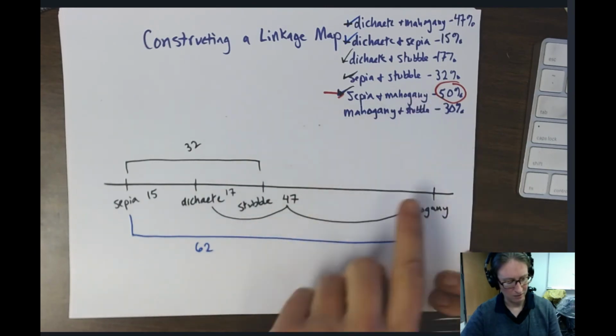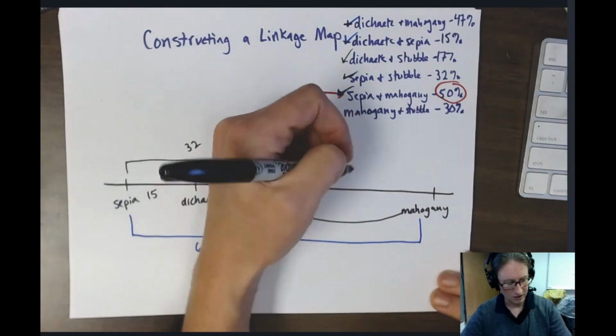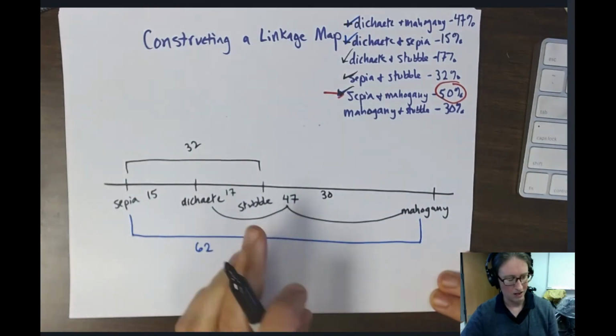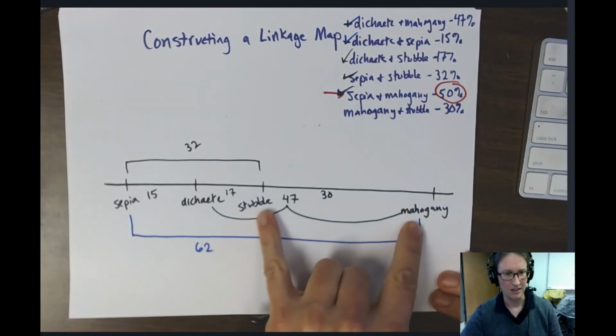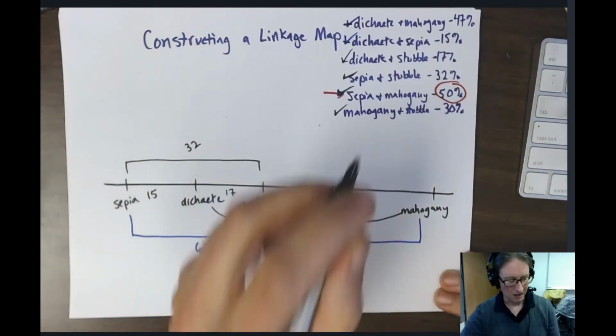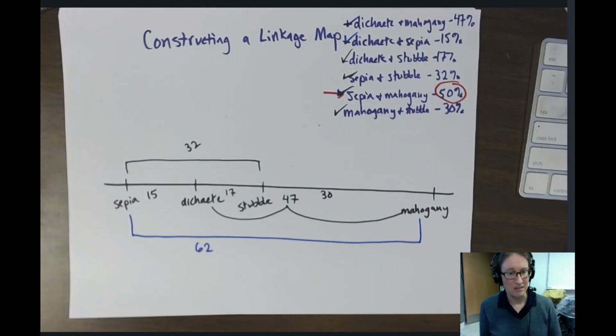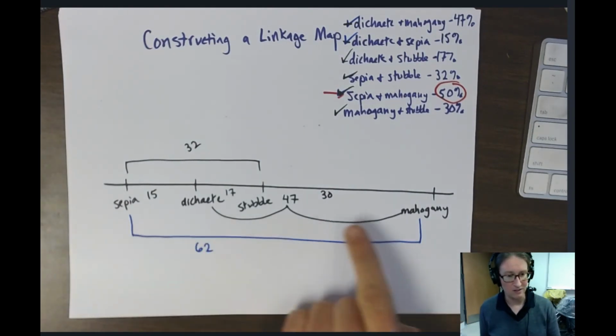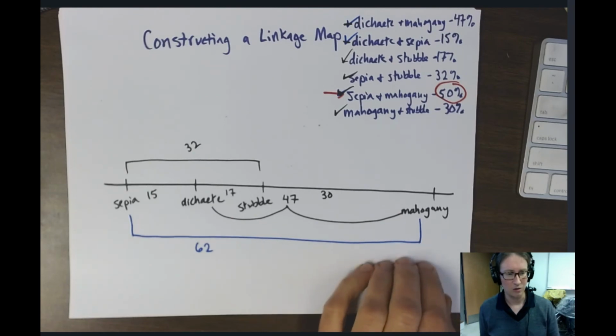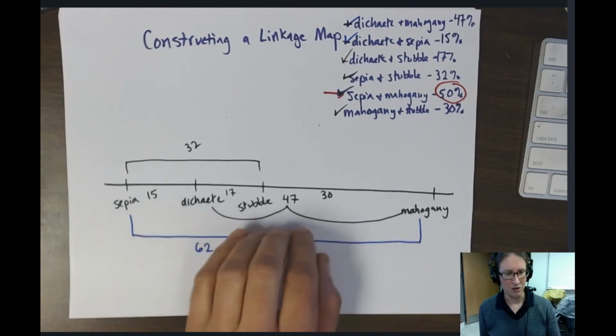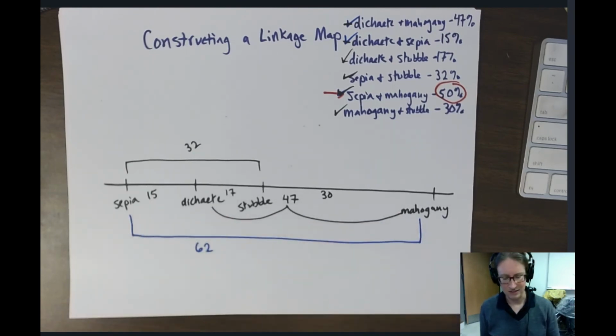Well, 47 minus 17 does give us 30 map units here between mahogany and stubble. And so through this whole process, I've now been able to map out the order of these 4 genes on this chromosome, including the relative distances between them based on recombination rates.